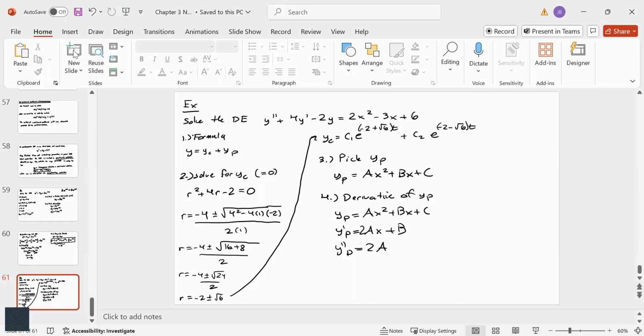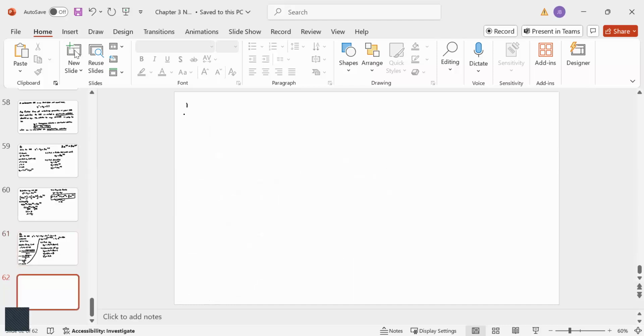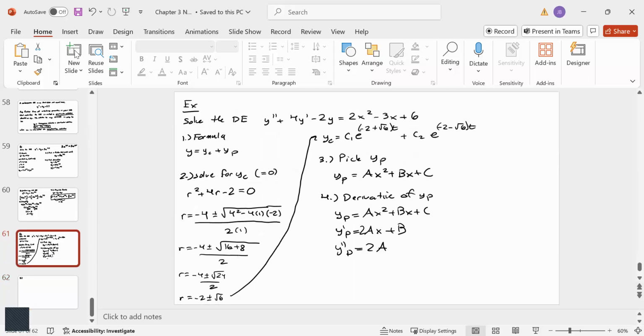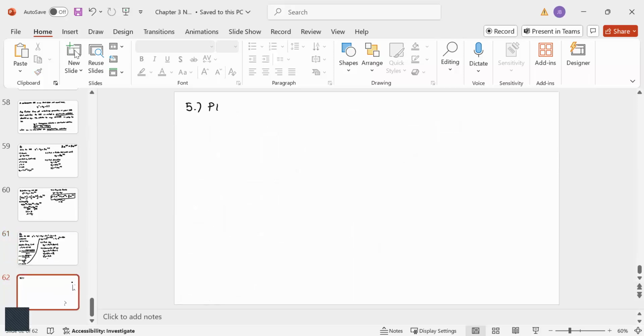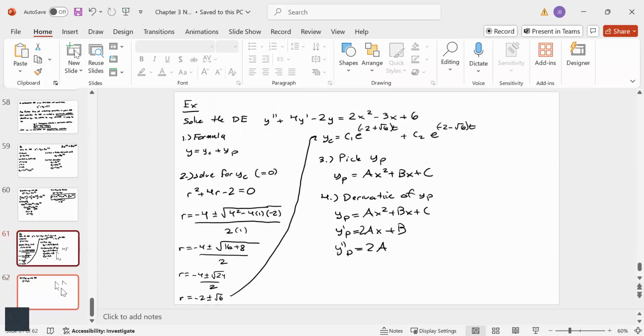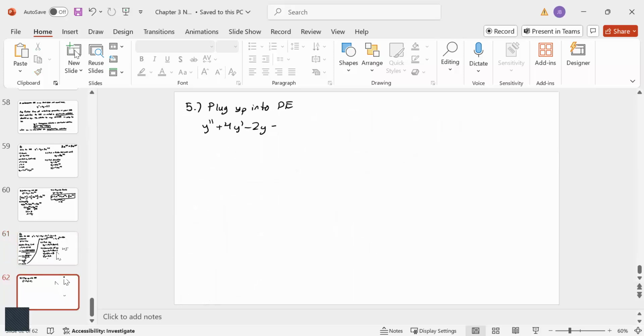So that's my next step. Make sure it's step 5, yep. Plug yp into differential equation. So y double prime plus 4y prime minus 2y equals 2x squared minus 3x plus 6, right?